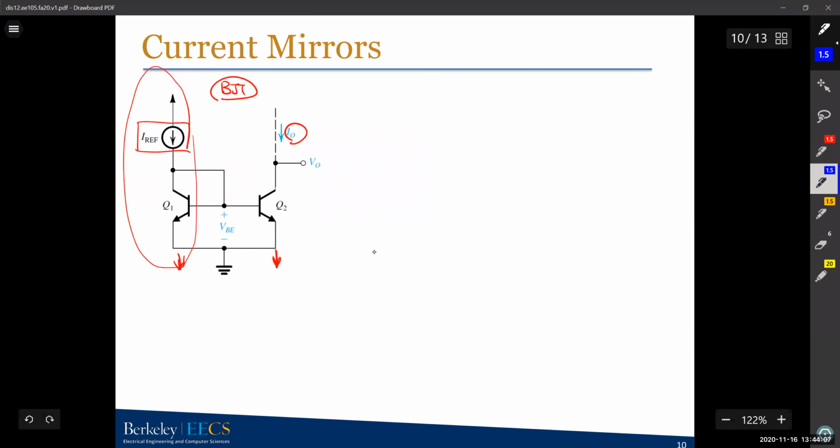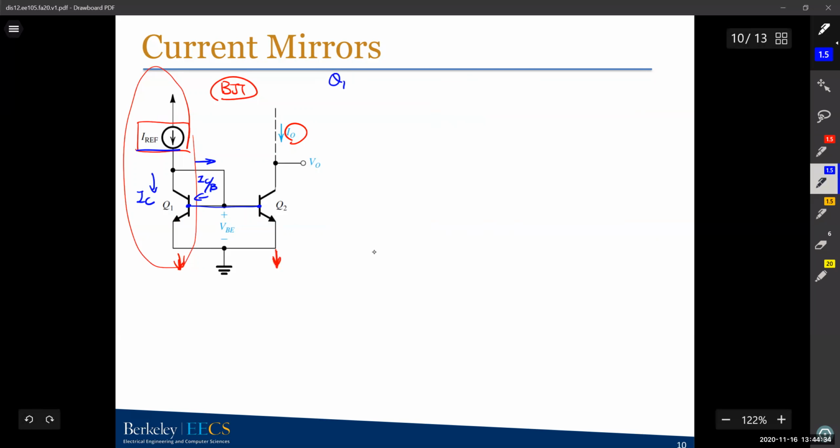The thing is, you have an I ref here, and this I ref will be divided into two parts, right? This is IC over beta for the base. But the two bases are directly connected to each other for Q1 and Q2.